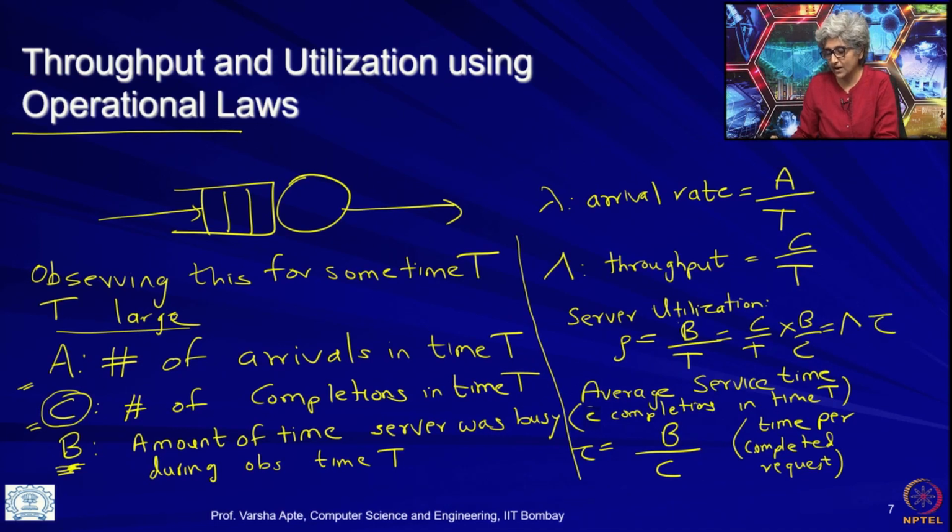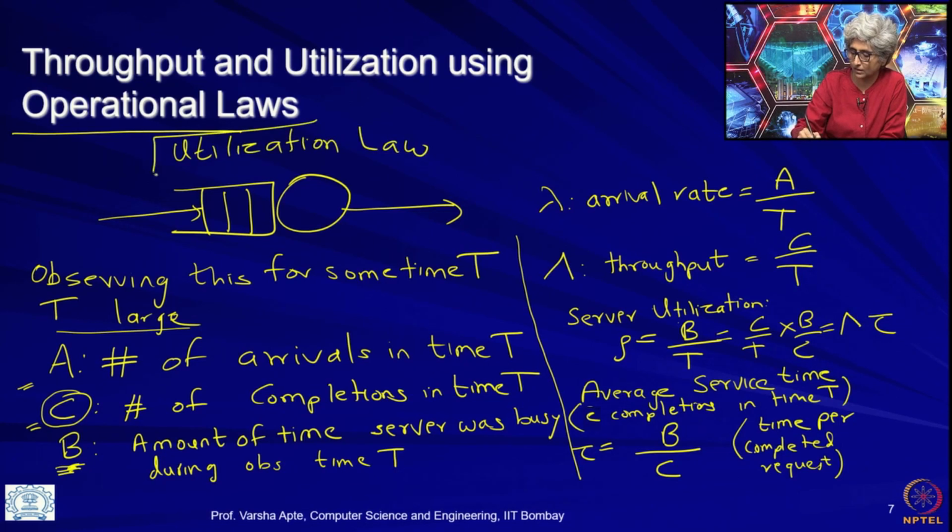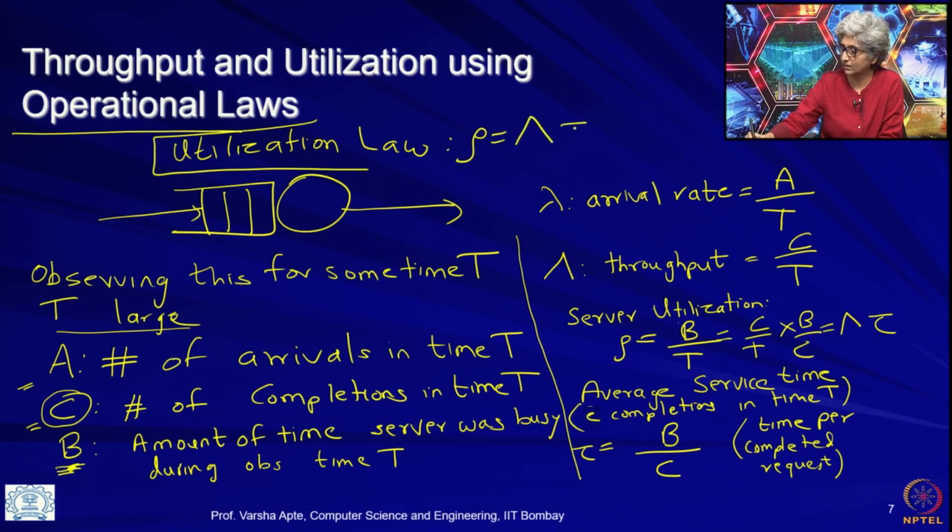So this is actually what is called the utilization law. We just derived the utilization law, and for single servers it is given by rho equals capital lambda tau. This is one of the main operational laws.